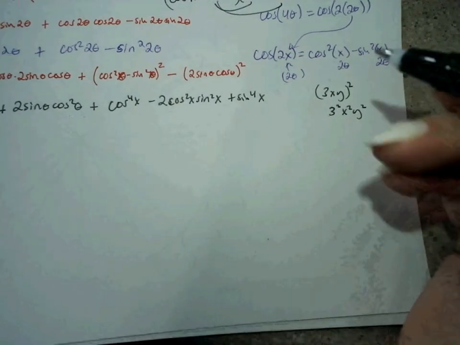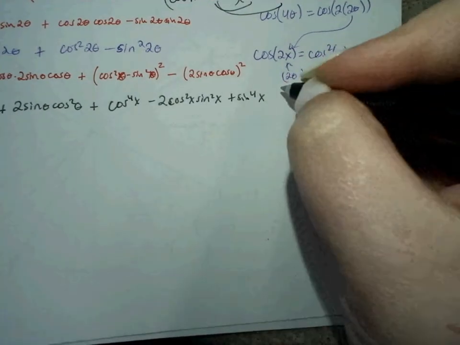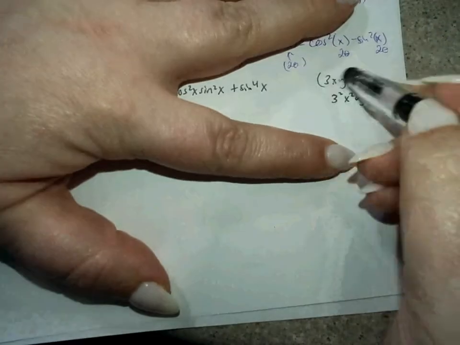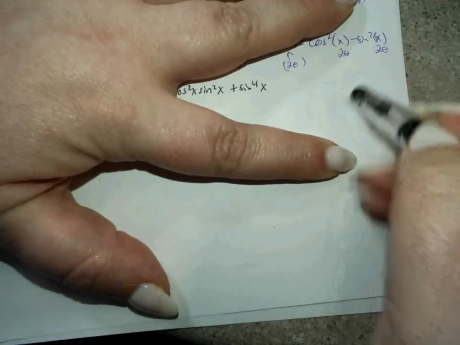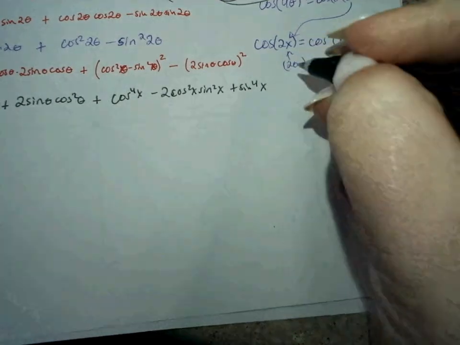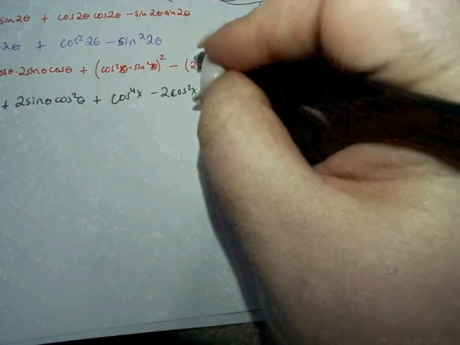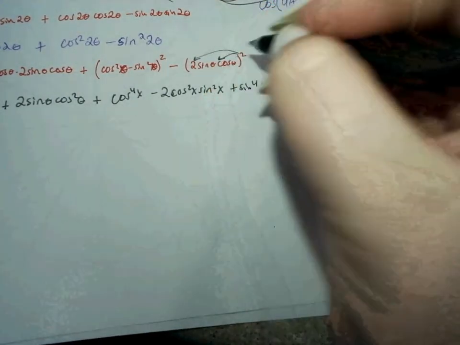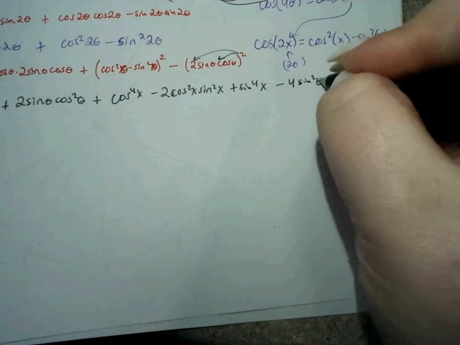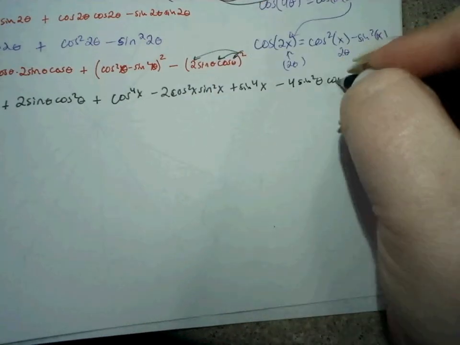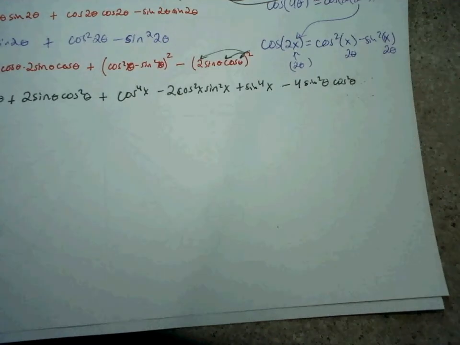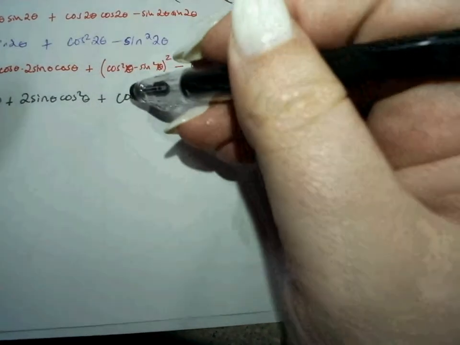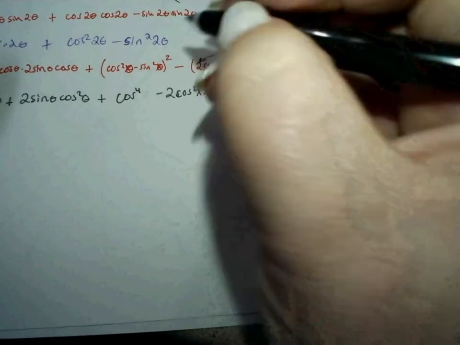And then this one right here, when you square something like 3xy, it just means 3 squared x squared y squared. So this would be minus 2 squared sine squared and then cosine squared.